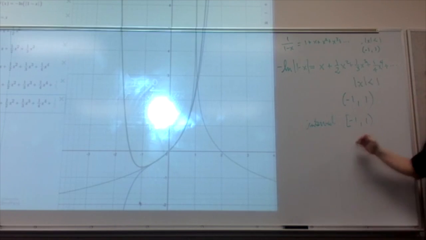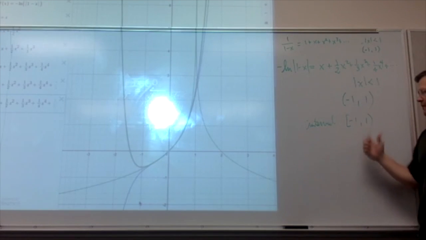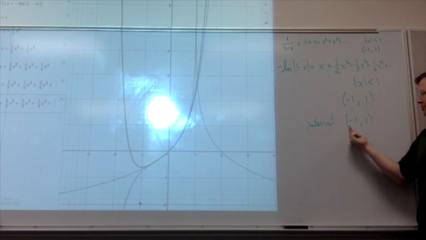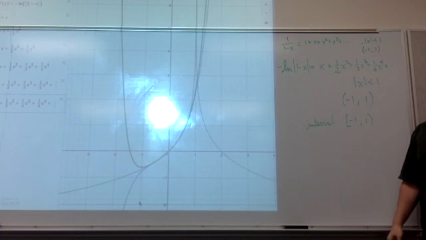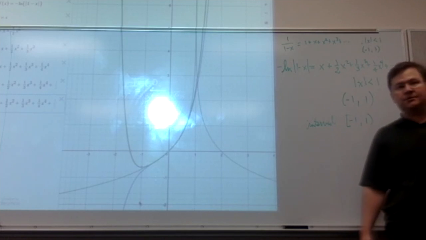Usually the interval of convergence depends on the class you're in. In this class, a lot of times I'm interested in this one extra point where it converges, technically. However, notice it converges there conditionally. Conditional convergence, as opposed to absolute convergence.